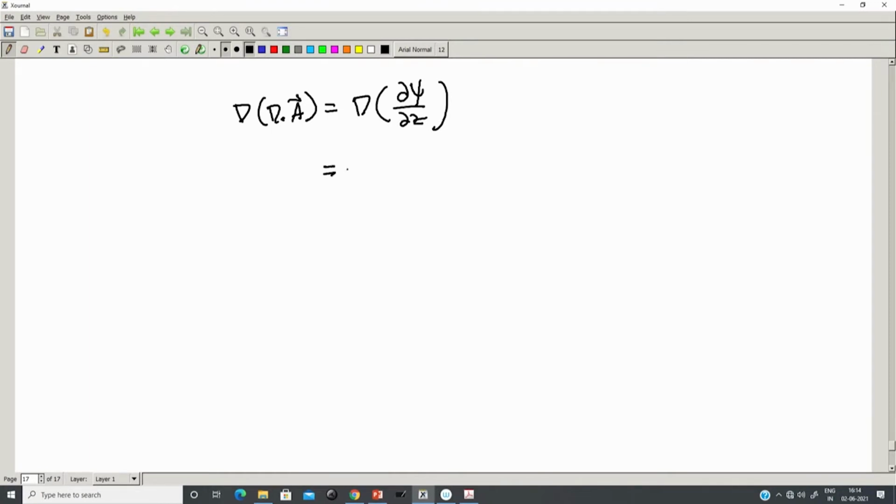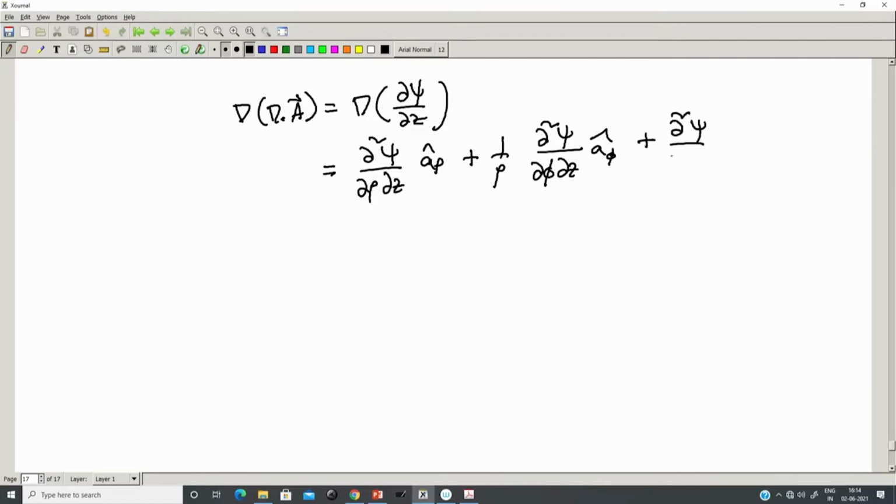And that is equal to del squared psi del rho del z a rho, plus 1 by rho del squared psi del phi del z a phi, plus del squared psi del z squared a z.